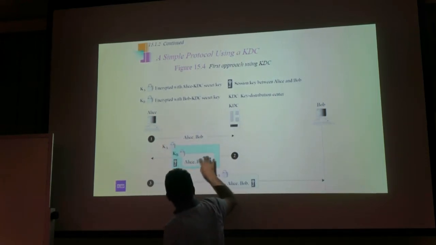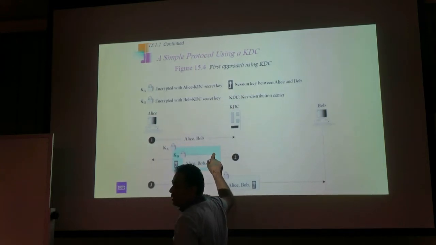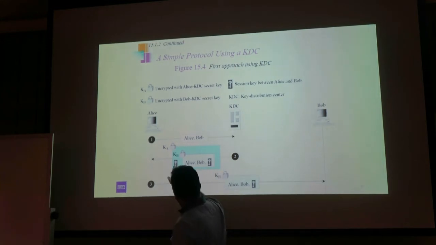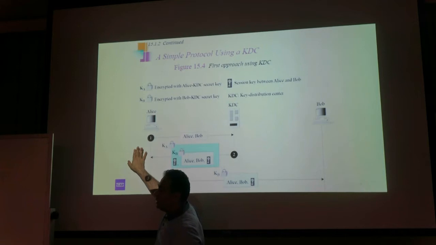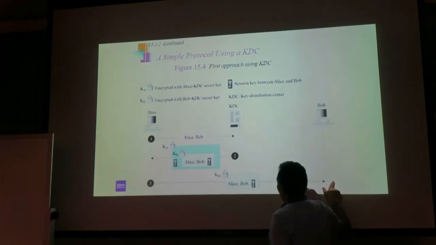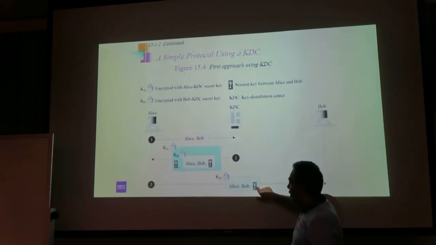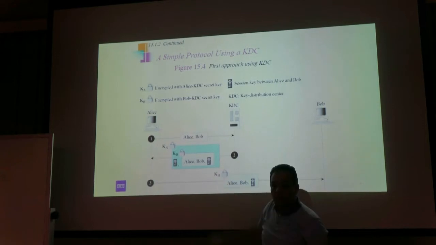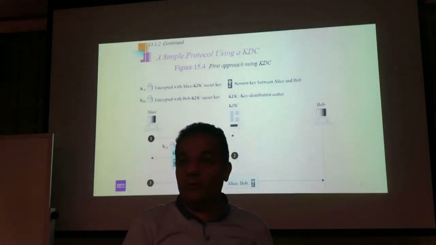Now she will get this box in here that she cannot unlock, right? But she will also get the shared key. She will keep the shared key and send the box to where? To Bob. Could Bob unlock this box? Yes. Why? Because Bob has the shared key between the KDC and Bob.